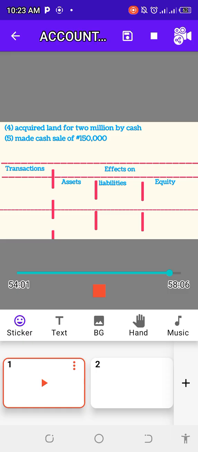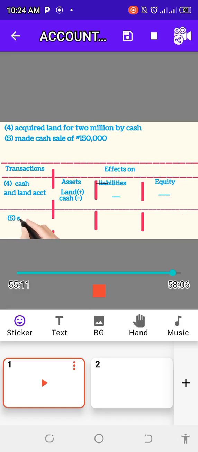The two transactions, let us see: cash and land account are the two accounts that have been identified to be affected. Land increases, cash reduces. No effect on liability and no effect on equity, because the cash they already have is what they used in purchasing the land.